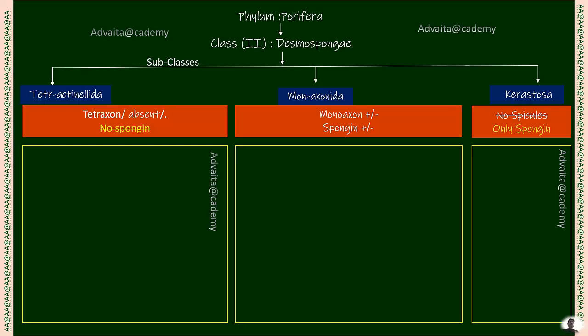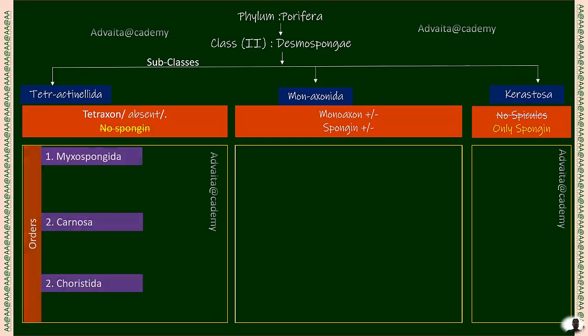Now come to Tetractinellida. In Tetractinellida, there are 3 orders: Myxospongida, Carnosa and Choristida. Remember, in Myxospongida there is no spicule at all.